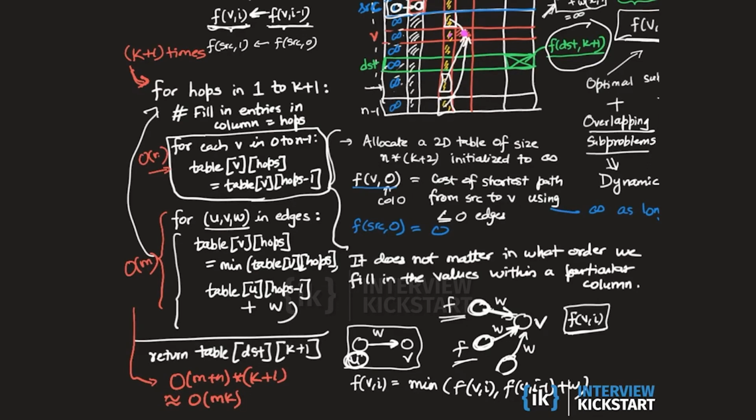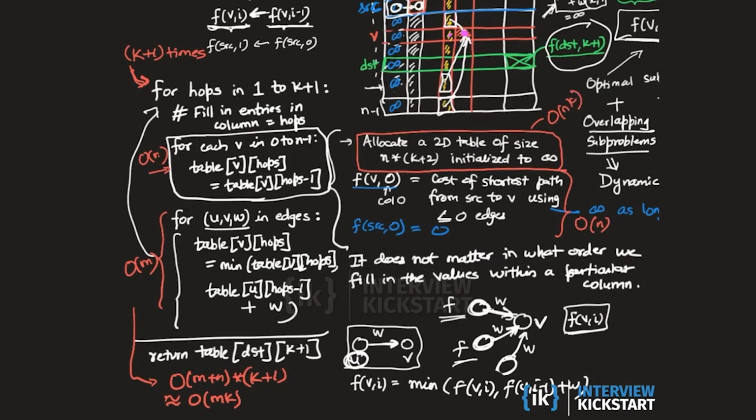Now we also had some initialization prior to that. We allocated a 2D table of size n times k plus 2, and we set these initial values in the first column. So that would have added just order n time. Initializing the table itself would have taken time order n times k.